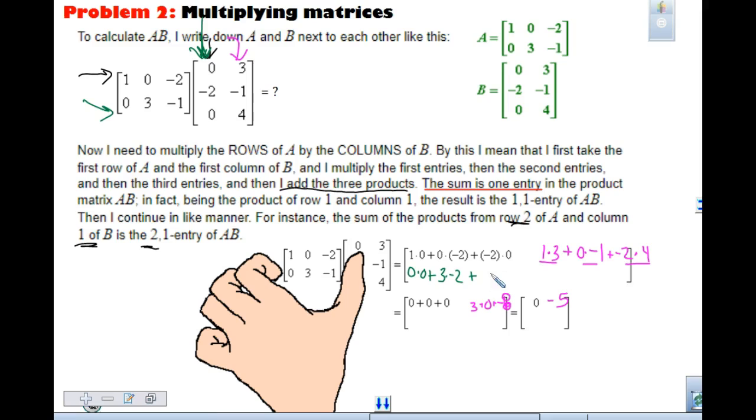Plus we are taking, last one, negative 1. Oh, negative 2, excuse me. 0, 3, negative 1 times what? Times 0. So I have 0 plus negative 6, or minus 6, plus 0. Should have a negative 6 here.